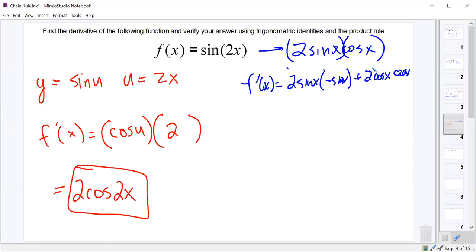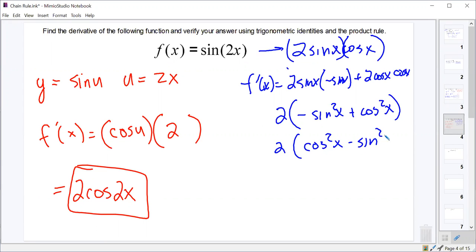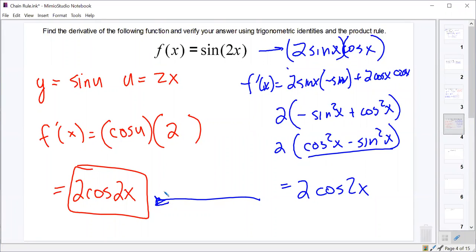And if we factor out the 2 from both of those, we get 2 times negative sine squared x plus cosine squared x, or 2 times (cosine squared x minus sine squared x). And from that sheet of all those formulas I told you to memorize, you should know that cosine squared x minus sine squared x equals cosine 2x. And we'll note that that is exactly the same as what we got over there. Everybody good?